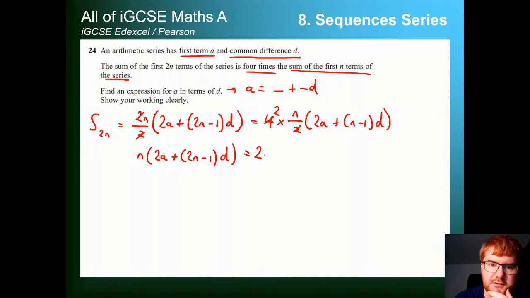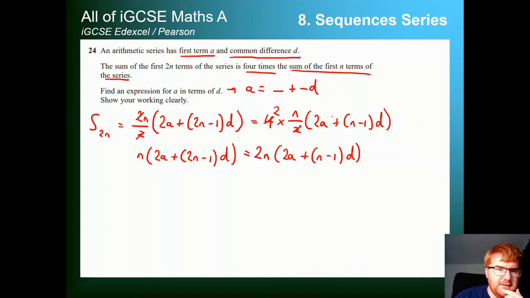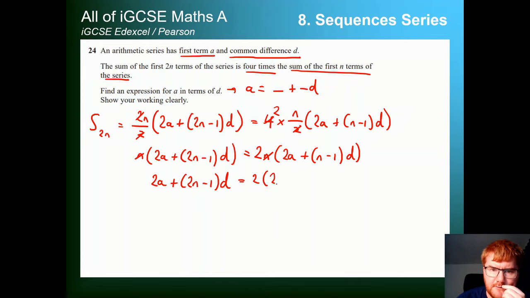So we get a 2n, 2a + (n - 1)d. So we get a little bit of cancellation here as well. Notice on both sides of the equation we have an n, so we can cancel that through. So that gives us 2a + (2n - 1)d is 2 lots of 2a + (n - 1)d.